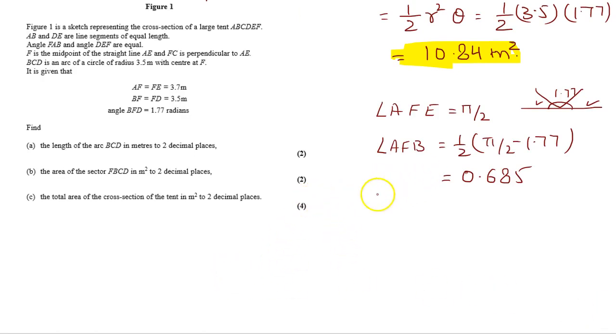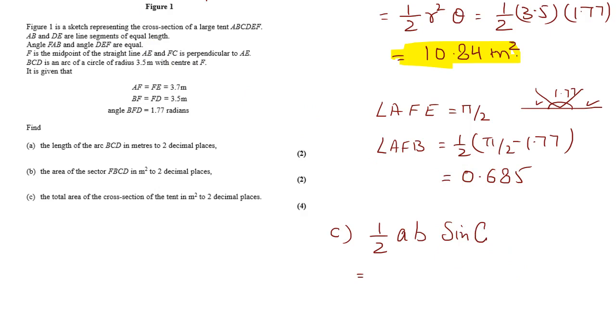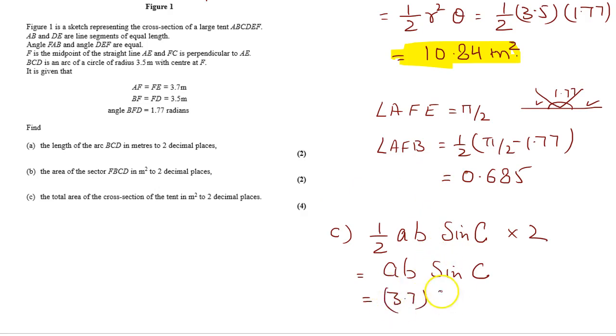Now the area of a triangle is half, this is part C, half AB sin C. So these are two triangles, so we are not going to write the half, we are just going to write AB sin C, or we can write it multiplied by 2, so it will be AB sin C. So that will be, now one is 3.7, one is 3.5, and the angle between them is sine 0.685.